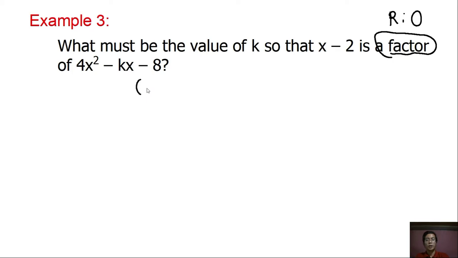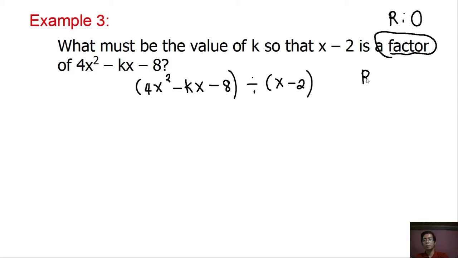So ano daw ang value ng k kapag si 4x squared minus kx minus 8 kapag siya ay dinivide ni x minus 2, ang remainder po natin will be 0. Kaya siya naging 0 kasi binanggit dito na it is a factor of. So that's according to the factor theorem na naaral natin dun sa ating previous video.